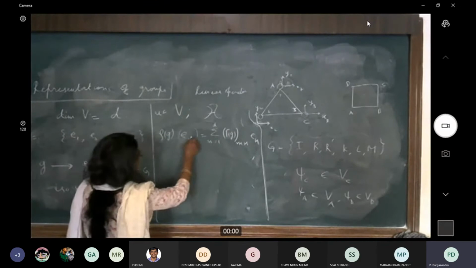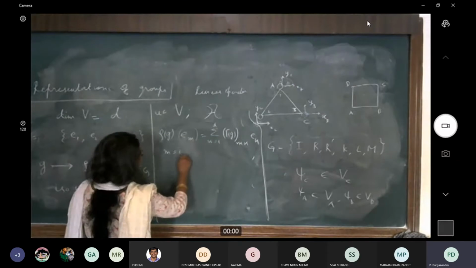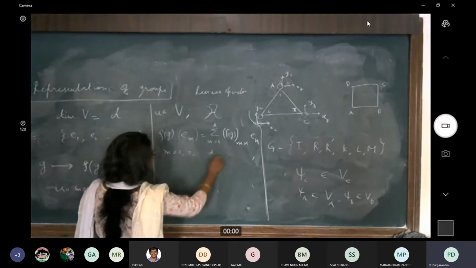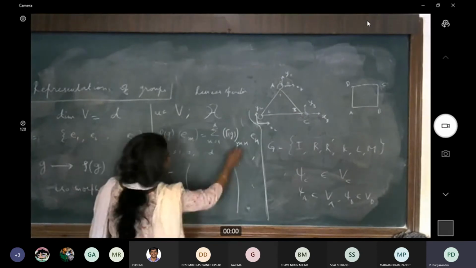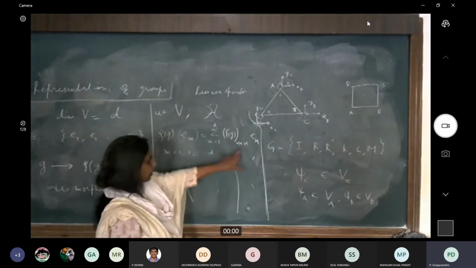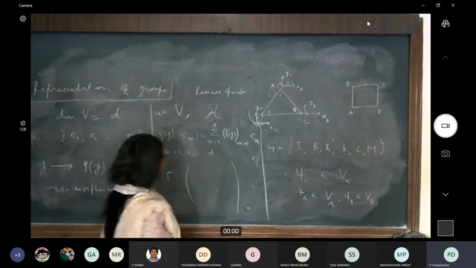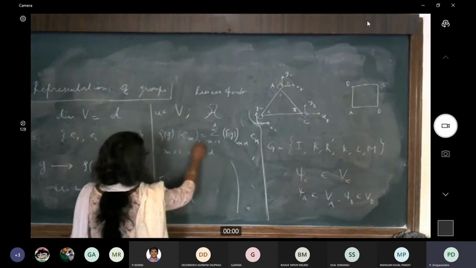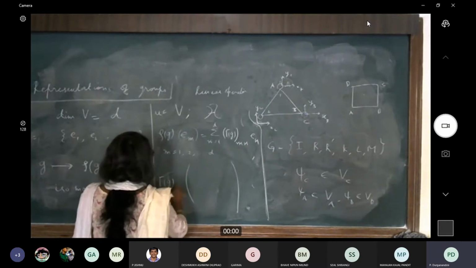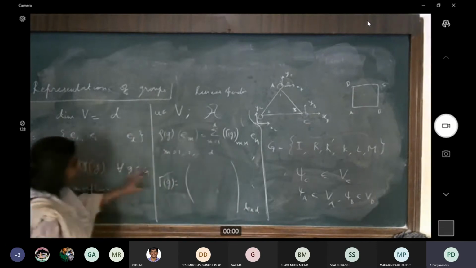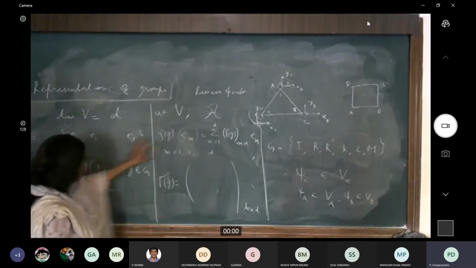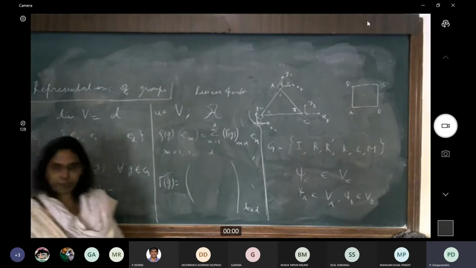And so by doing this now for all the n's, explicitly for m equal to 1 to d, this gives me the mn element, because you can see that I don't have a summation over m. By doing this for all of them, I can get gamma of g as a d by d matrix, which essentially is a matrix realization of this isomorphism.